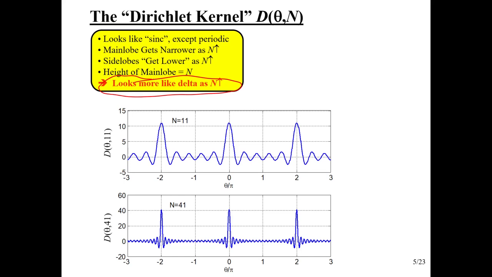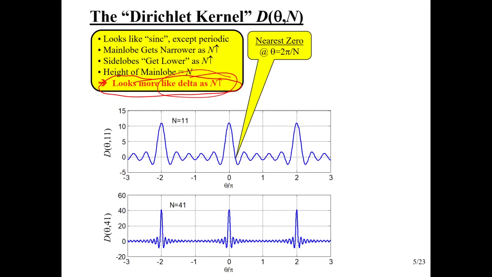So it looks more and more like a delta. And we also know that convolving something with a delta just gives us back that same thing. So the more this looks like a delta, the more the DTFT of the collected signal looks like the DTFT of the infinite duration signal.